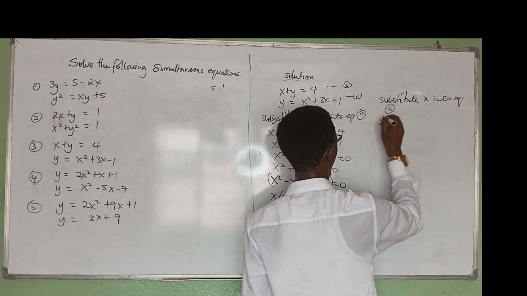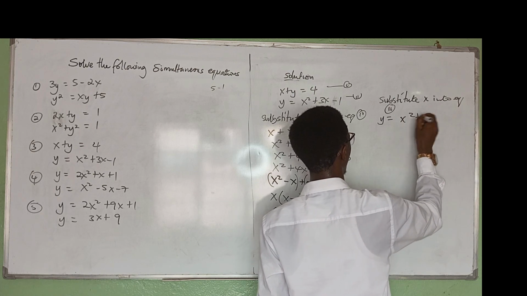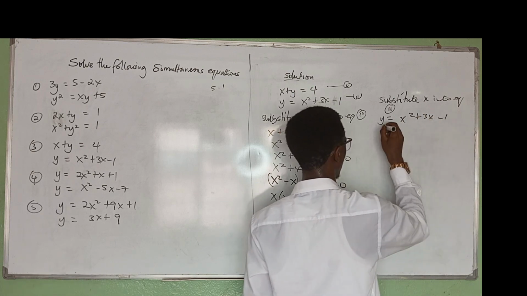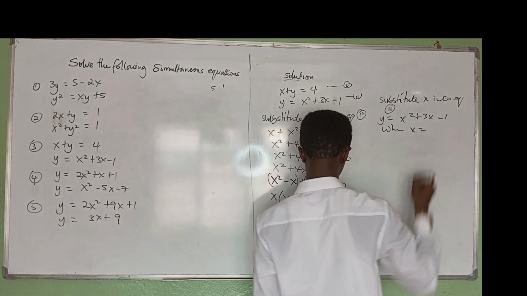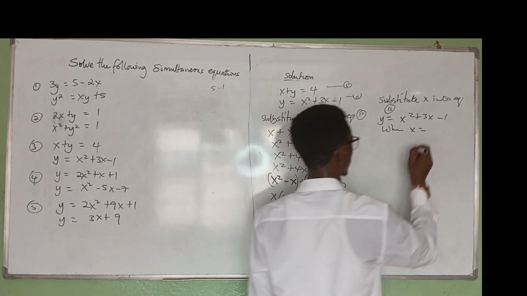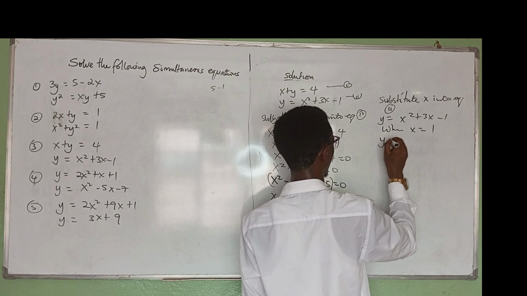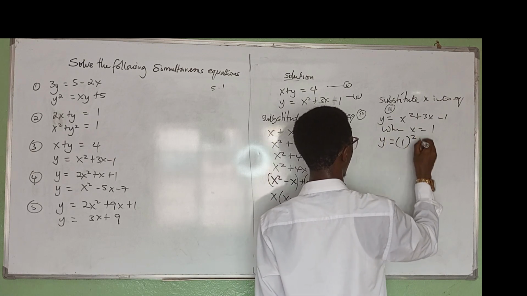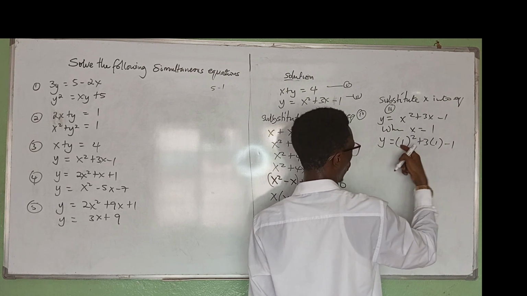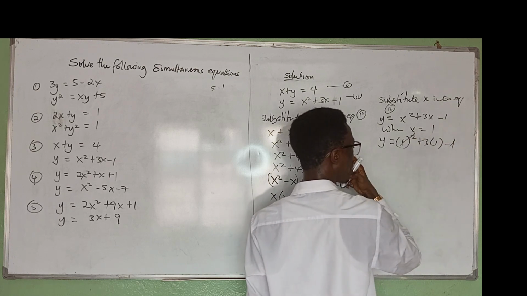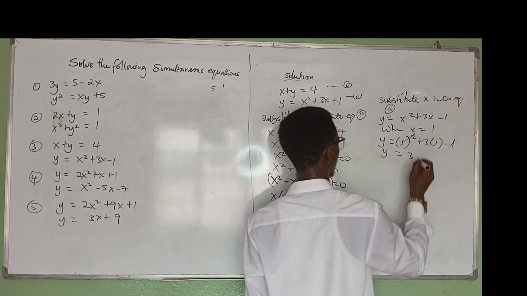So equation 2 says y equals x squared plus 3x minus 1. So when x is 1, we are going to have y equals 1 squared plus 3 into 1 minus 1. 1 squared is 1. 1 minus 1 cancels, so that's 0. So we are left with y equals 3.